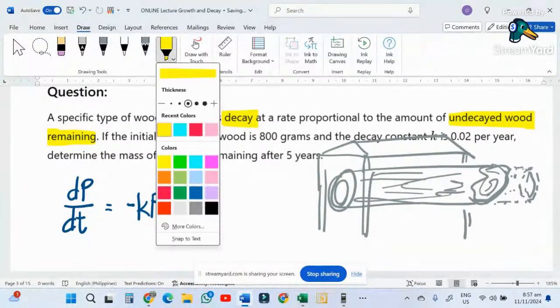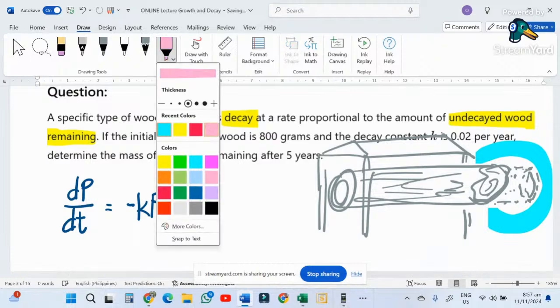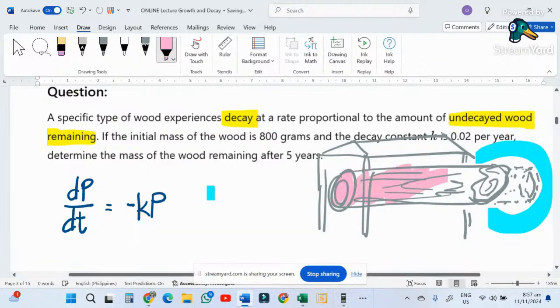Where is it? This bit here, this bit here. So what happens is you have a remaining part of the wood that you're going to analyze, which is this one. This is the undecayed wood remaining that the problem is telling you.